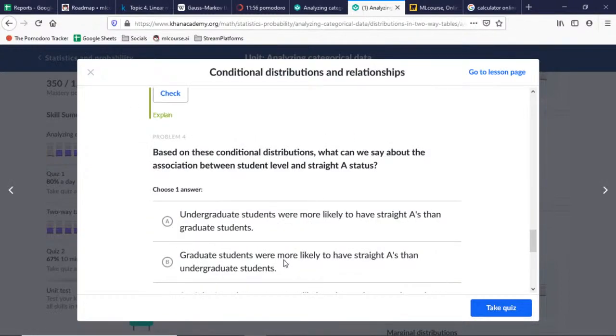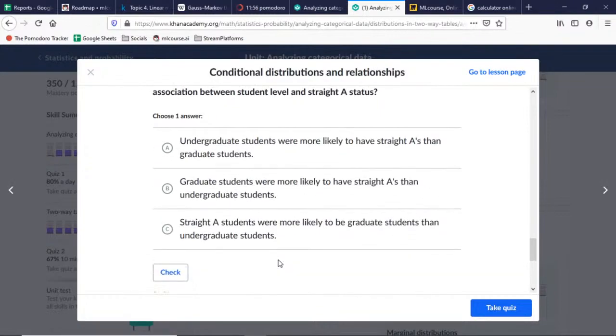Based on this condition, what can we say about the association between level and straight A's? Are graduates more likely to have straight A's than undergraduates? Or, with straight A's, are we more likely to be graduate students than undergraduate?